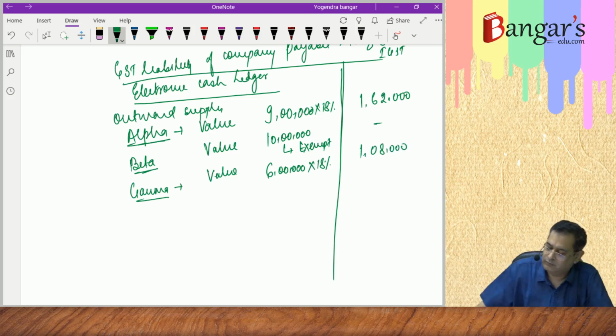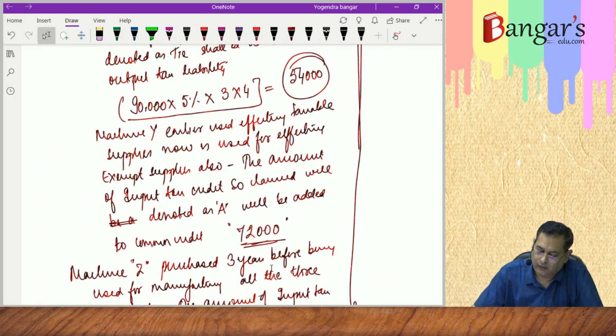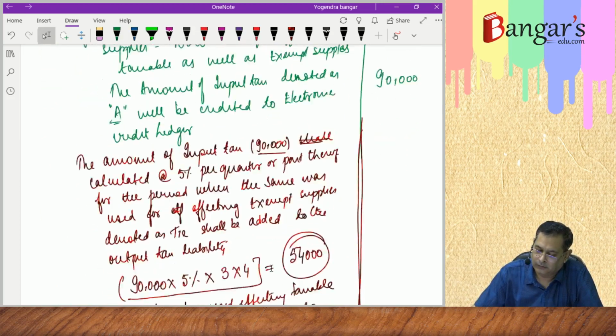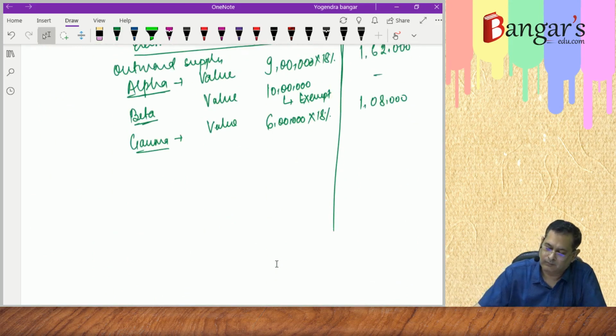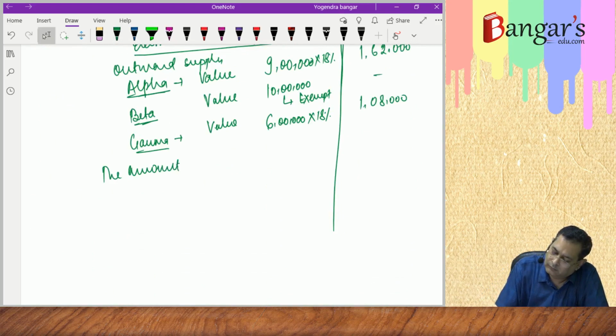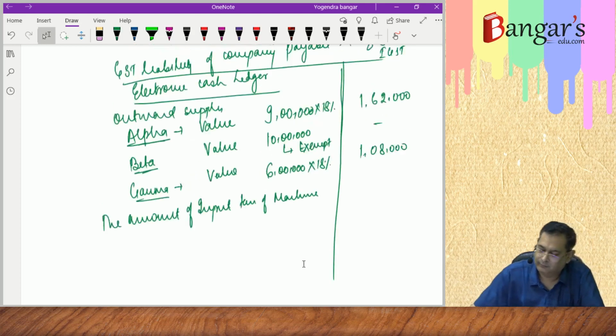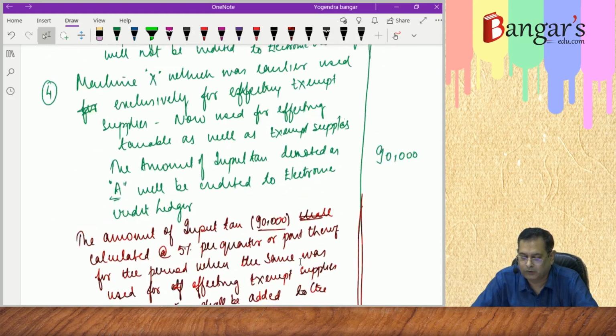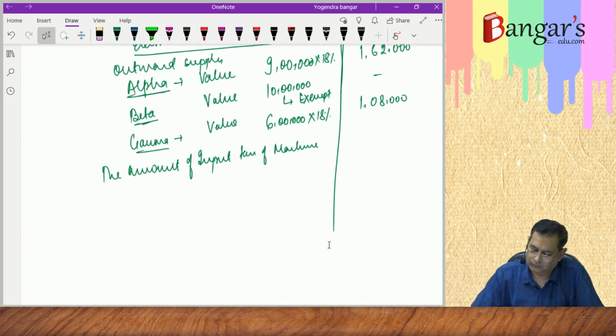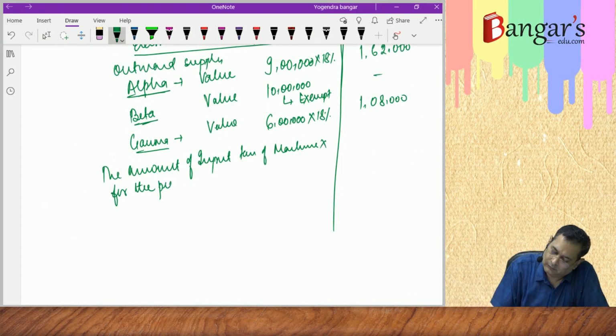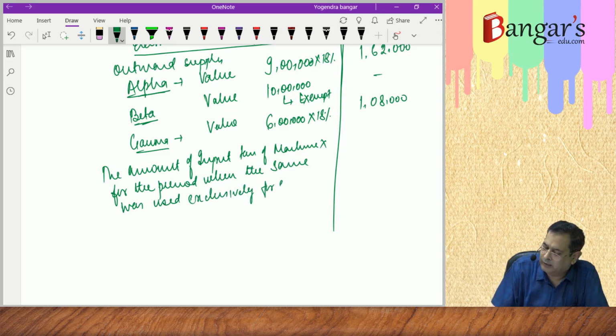Then the amount of input tax of machine X, for the period when the same was used exclusively for exempt supplies, that is 54,000 rupees, and that is TIE.